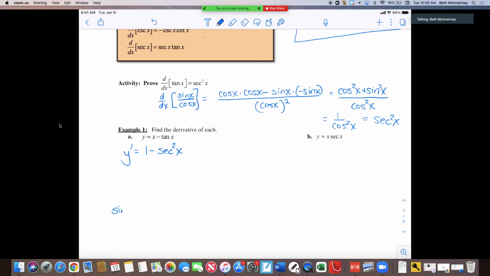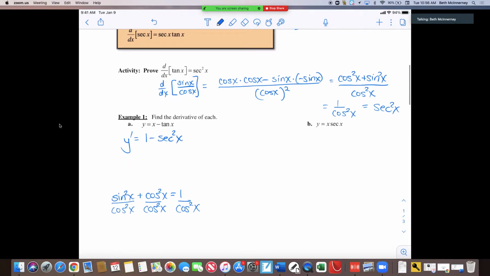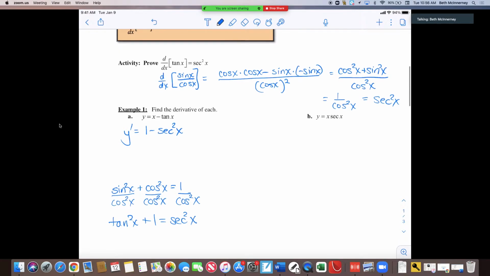So if we remember our Pythagorean identity, that sine squared x plus cosine squared x equals 1, if I happen to divide both sides of that identity by cosine squared x, that's tangent squared x plus 1 equals secant squared x.